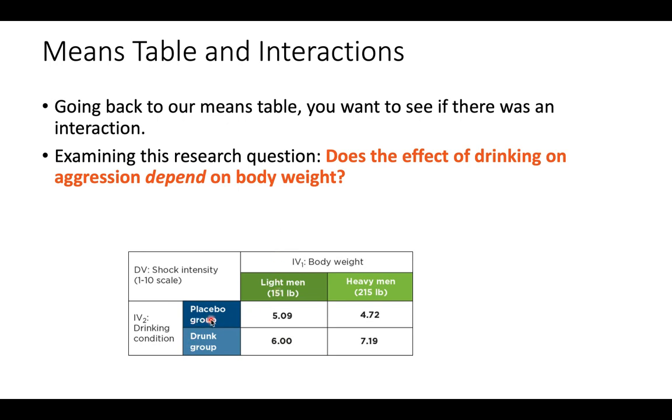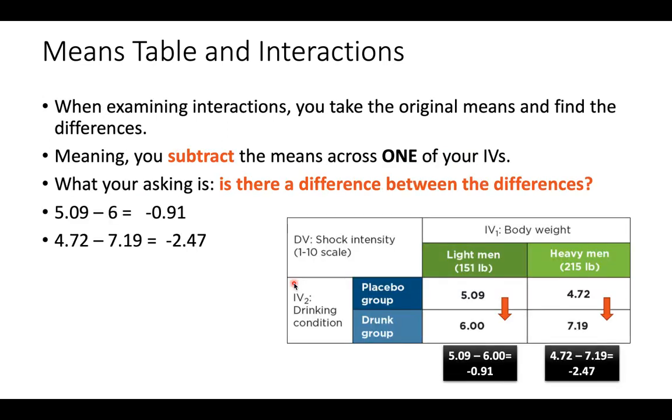So does the presence of alcohol change light men's aggression differently than it changes heavy men's aggression? Or again, put in a different way, are light men and heavy men differentially impacted by alcohol? Does the effect of alcohol depend upon your weight? So let's take a look at how we would do that.